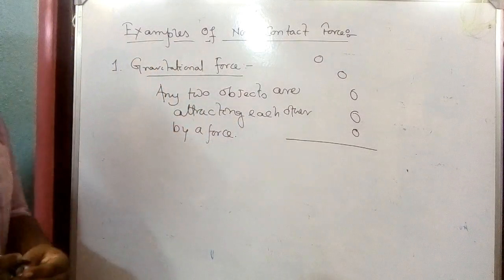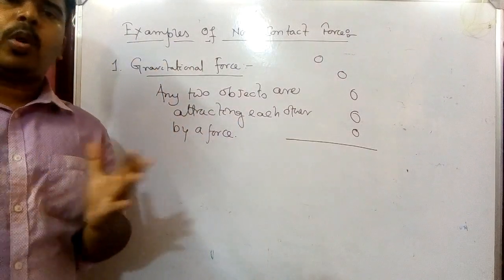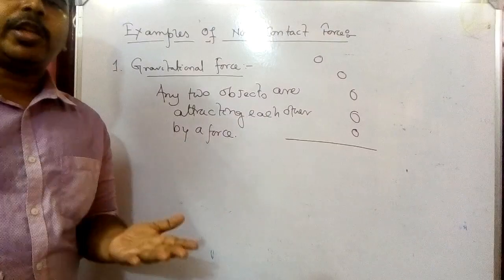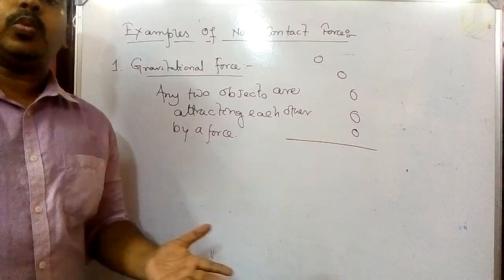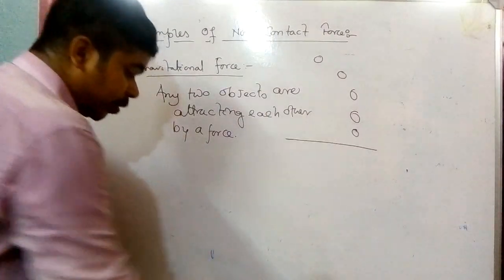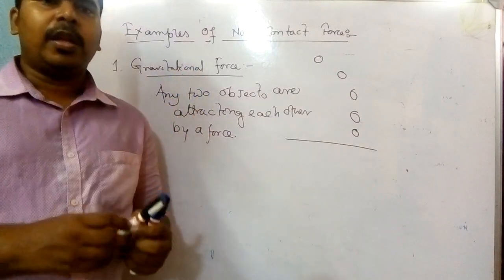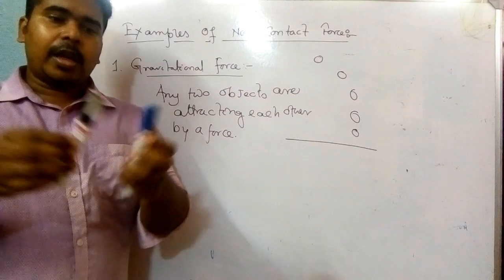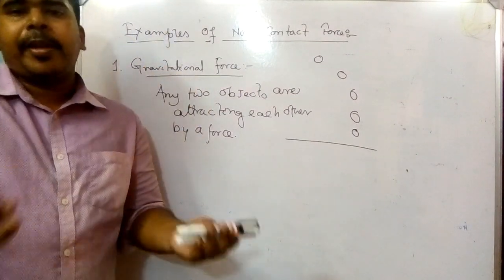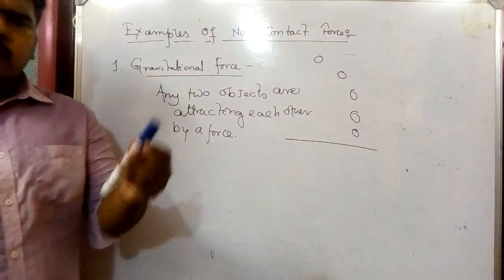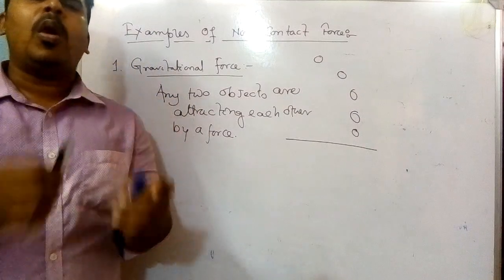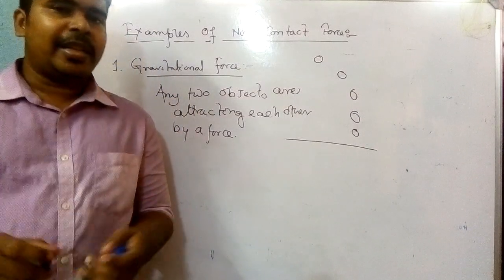That is known as gravitational force. Any two objects means any two objects. If I am talking about these two pens, they are also applying force on each other. Then you might ask, sir, they are not sticking with each other, then why? Because the force is so small that we cannot feel it.